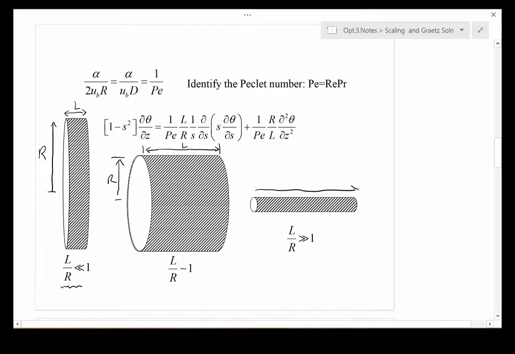So these are getting towards cases that might be of interest. And we want to see if our intuition about the flow in these problems is consistent with the interpretation we get by looking at this non-dimensional equation.